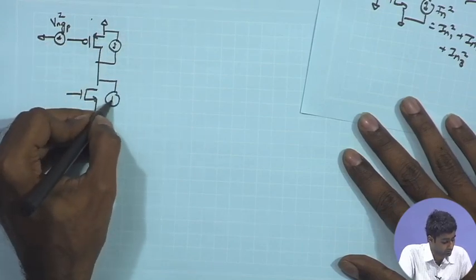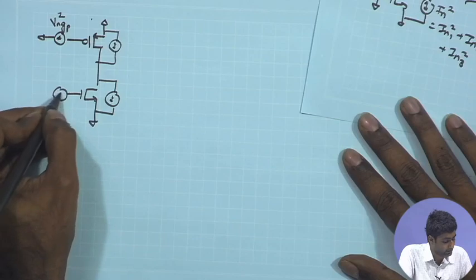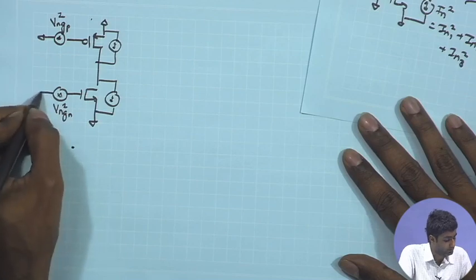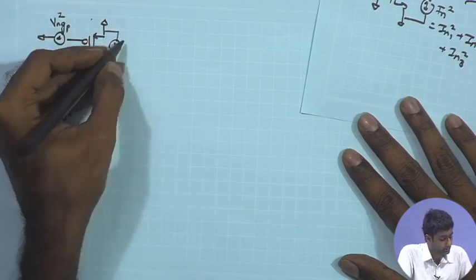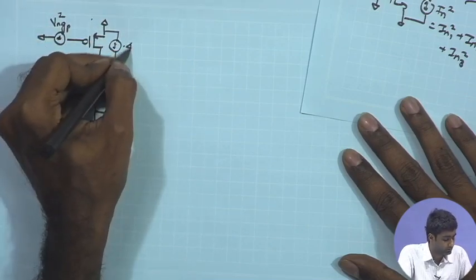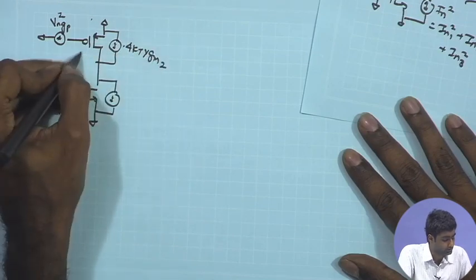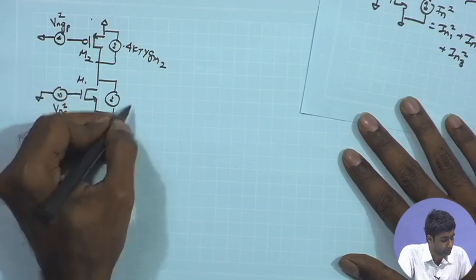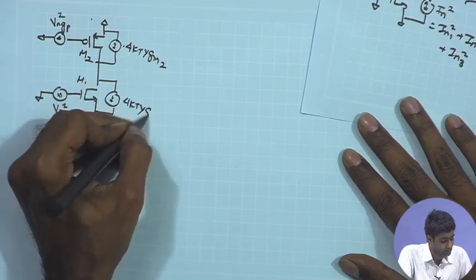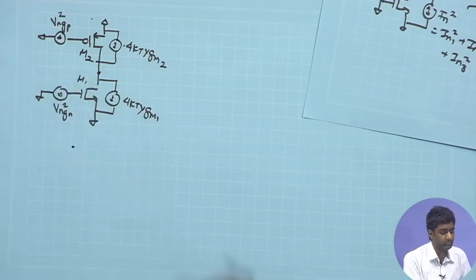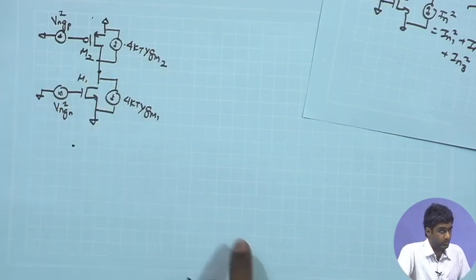Likewise, you have the channel current of the N MOSFET and the Vng N square. I am just denoting these terms, and the channel current over here, we know that this is 4 kT gamma GM2. If I call this M2 and call this M1, likewise here you have 4 kT gamma GM1, and by doing a similar analysis we need to find out the output noise mean square voltage over here.